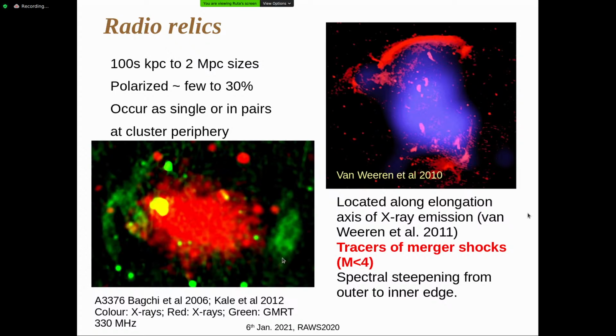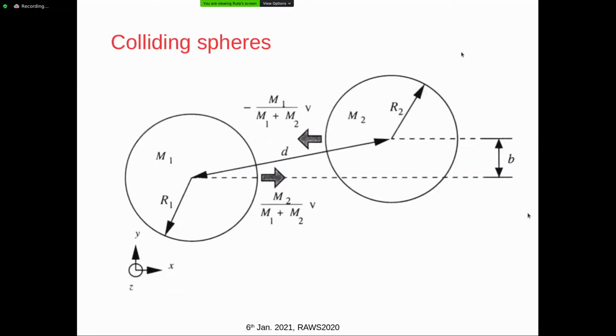Due to the compression you also have amplification of magnetic fields, and this leads to these spectacular arc-like sources. Here in this other picture, the blue one is X-rays and this red is radio emission. So these arcs can give you a very beautiful picture of the shocks in galaxy cluster mergers.